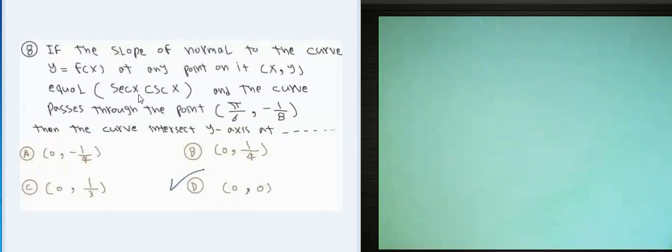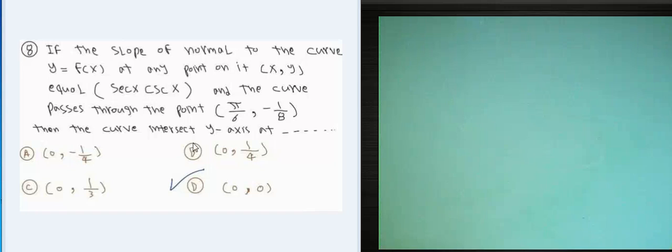Question 8. If the slope of the normal to the curve y equal f of x at any point on the curve is given by sec x cosec x, that gives us the slope here. Slope of the normal, meaning perpendicular to the curve. Okay, and the curve passes through the point pi over 6 and negative 1 over 8.